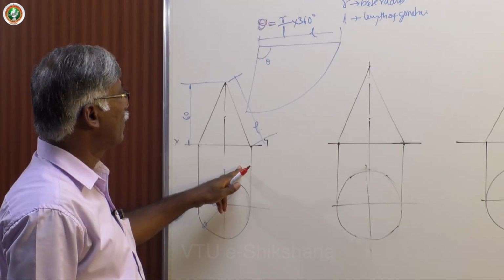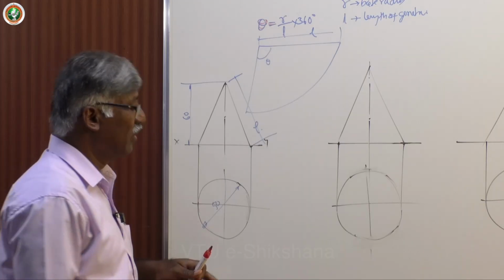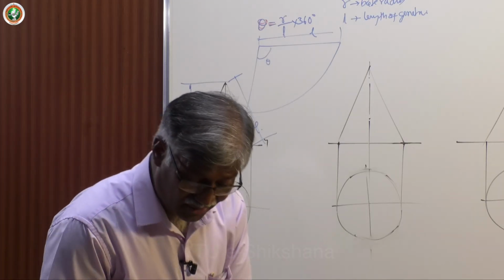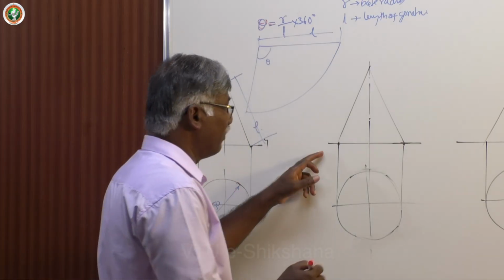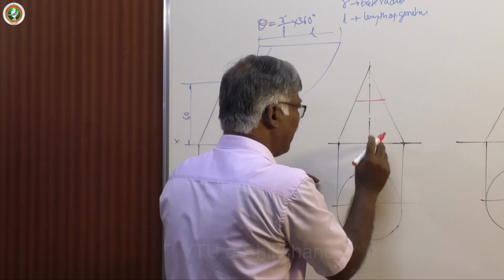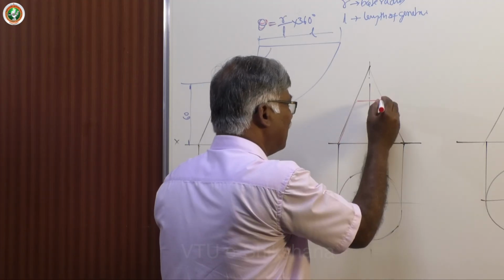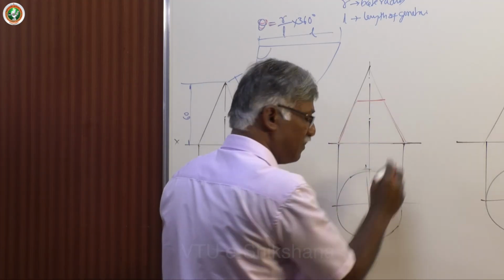Now suppose that I want only a portion of the cone, particularly a section plane is made parallel to the base, and only this portion I need.